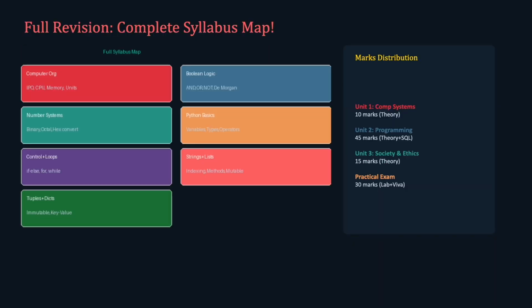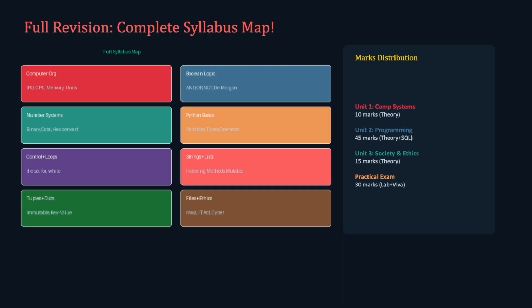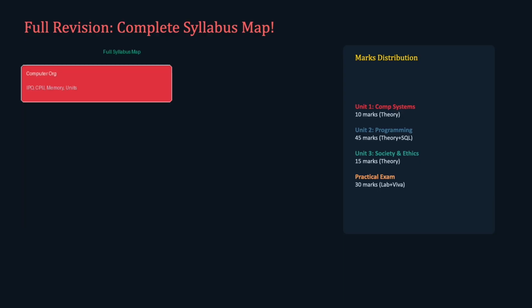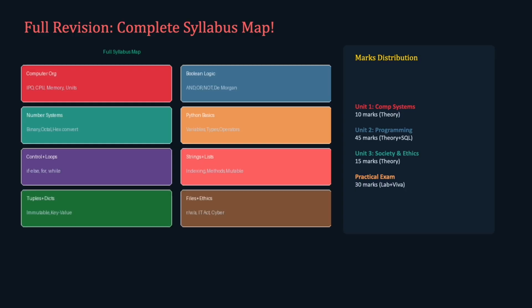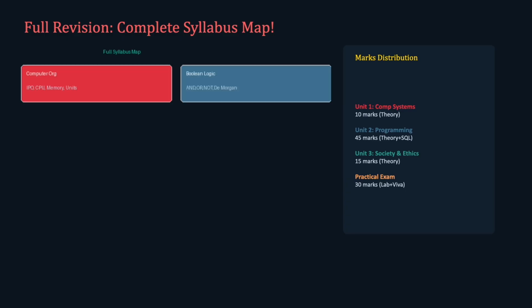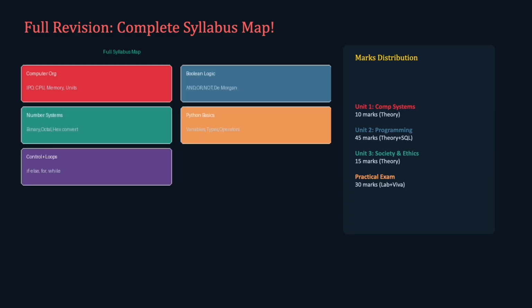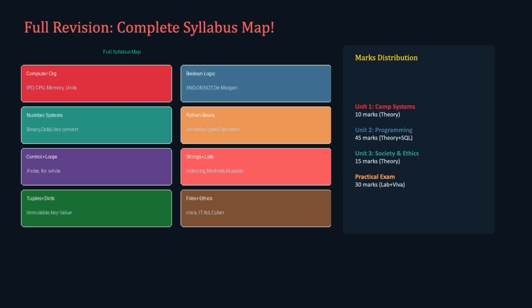Watch the entire syllabus light up. Unit 1 covers computer organization with IPO cycle, CPU, memory hierarchy, and memory units. Boolean logic with gates, truth tables and De Morgan's law, and number systems with conversions.